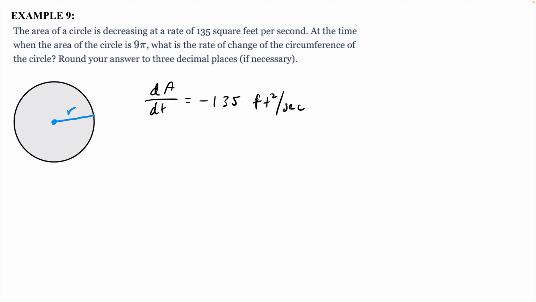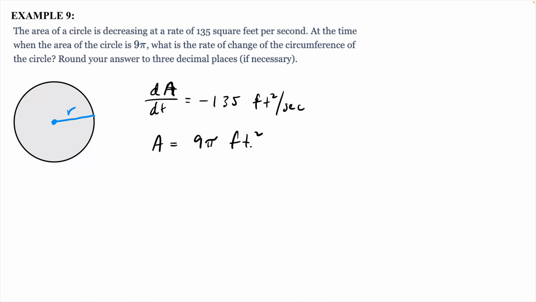What is another thing that we know? The area of that circle is 9 pi. Area is feet squared because it's quantity squared. Do we know anything else about that circle?